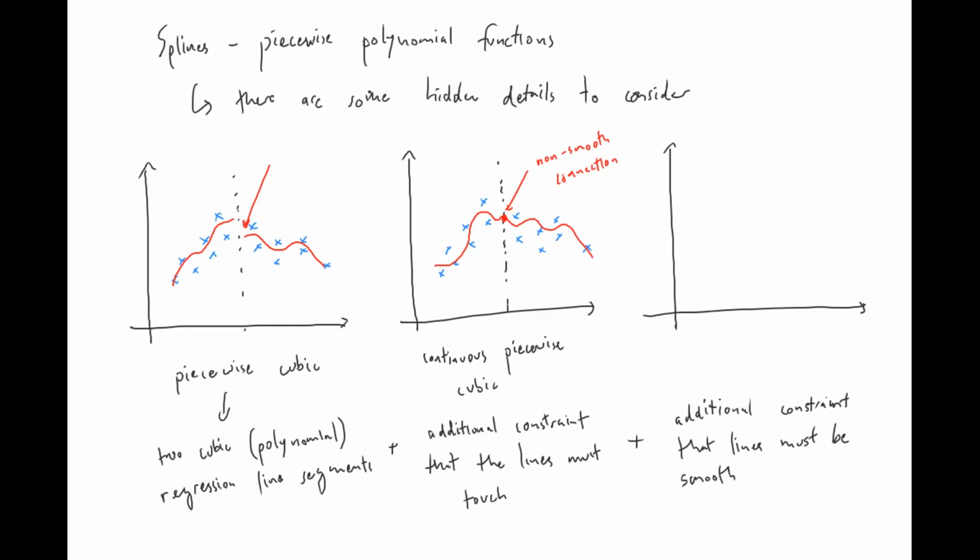Okay, I won't get into the math here again, but essentially what's happening is the first and second derivatives are continuous at the cutoff or breakpoint. Okay, so this looks something like this.